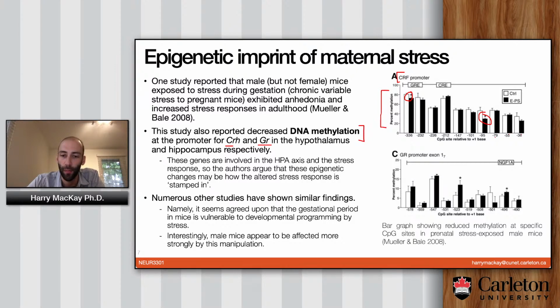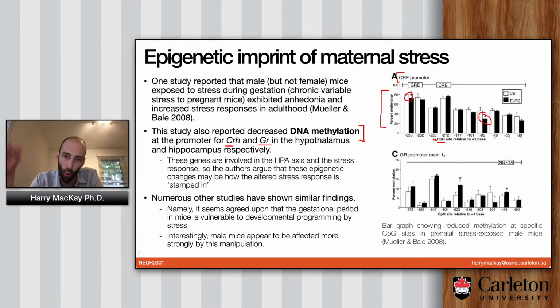Remember, CpGs are where most methylation happens. It happens at the cytosine in a CpG. So you're looking at these positions relative to the transcription start site of the gene. So these are negative numbers. That means you're looking upstream of the TSS. This is typically where the promoter, where the regulatory elements would bind and regulate gene expression.